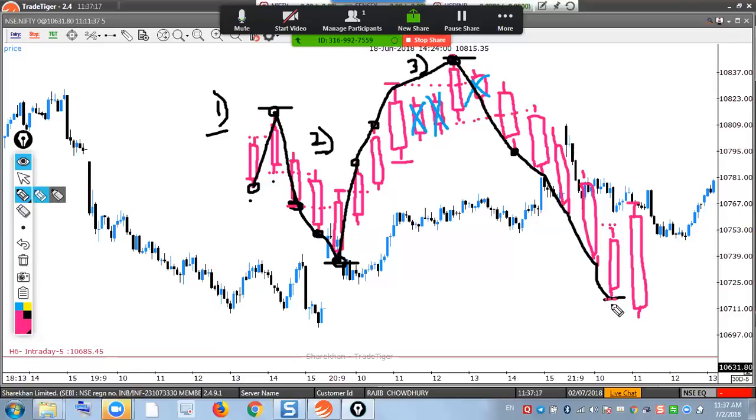Don't connect the outside candle and the current candle right now. That's step one. You'll have to wait. Secondly, you'll have to see what the next candle forms. What is the direction of the next candle? Let's say this is the next candle.